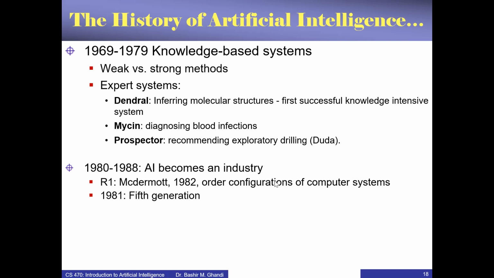It is also in this period, in 1981, that the Japanese government proposed a program they called fifth generation. This was a 10-year plan to build intelligent systems for the Japanese government.